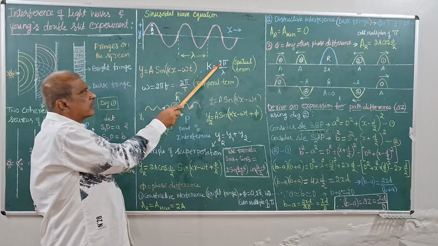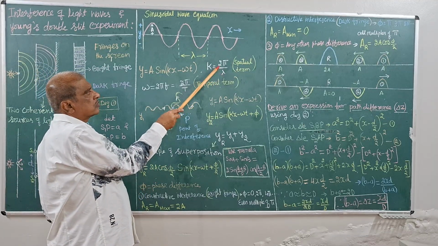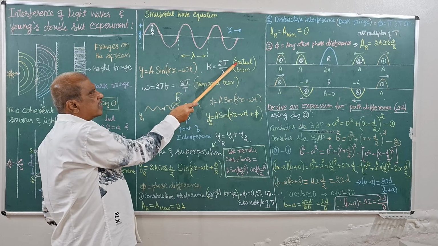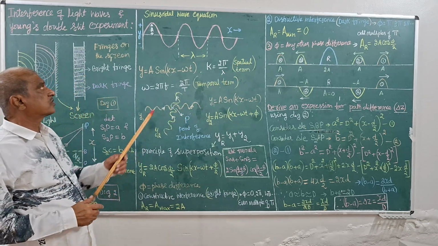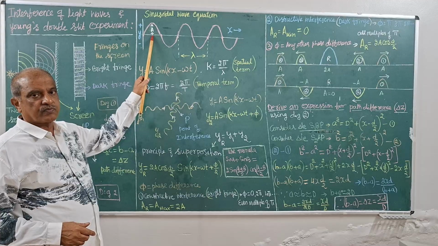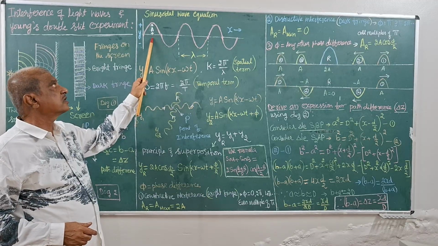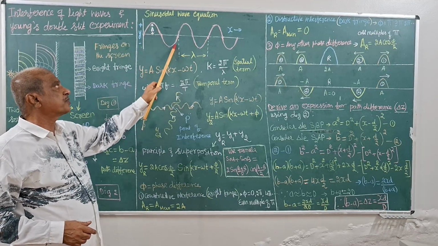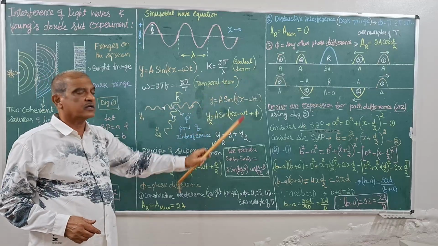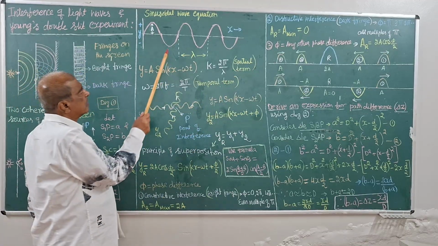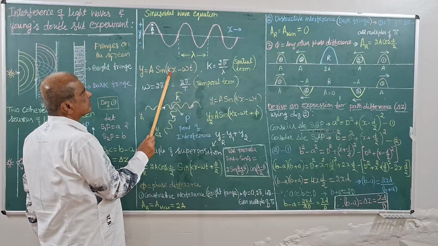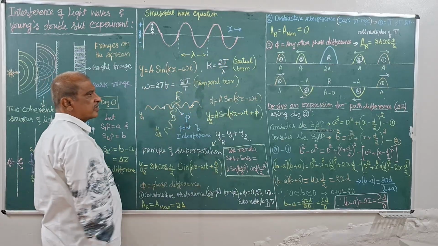That is the wave number, 2 pi by lambda. Why is it called a spatial term? These waves have some geometrical shape. They spread in the space like this. Shape is called a spatial term. And it carries x, along the x. The wave is carrying along the x.